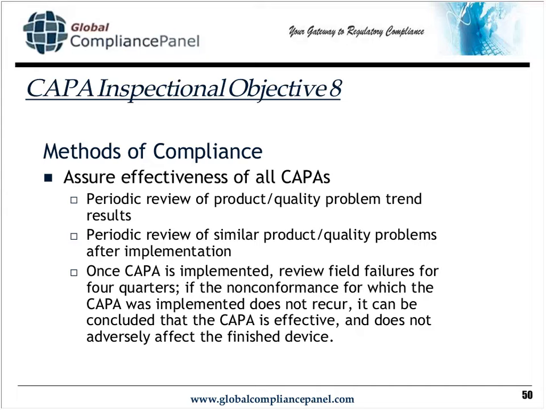If the nonconformances don't recur, or at the least are drastically reduced, you can conclude that the CAPA is effective and it does not adversely affect the finished device. So while you may have had other reports of nonconformances of that device, as long as you're able to conclude that those other nonconformances were not caused by this corrective action, you're good to go.